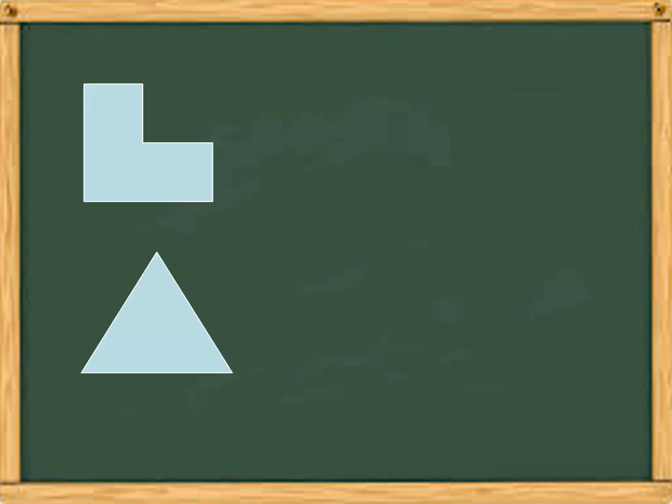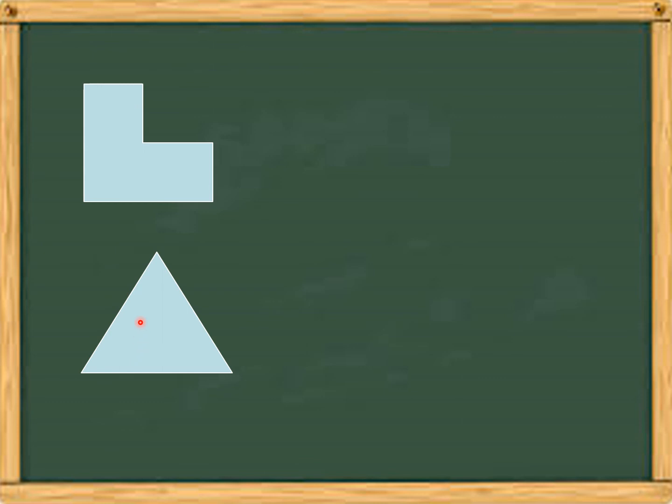So let's have another figure. We have these two figures or polygons. 1, 2, 3, 4, 5, 6. So the first figure, we have 6 sides. Ang tawag dito ay hexagon. Okay?